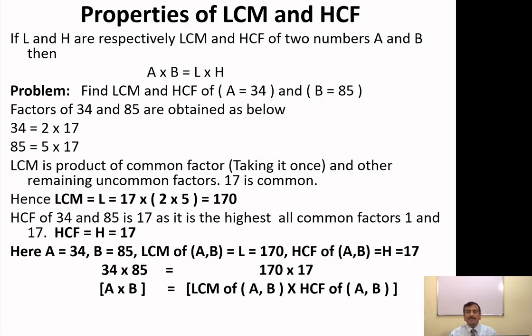Here we realize the common factor in both numbers happens to be 17. So HCF is 17. 34 into 85 we can equate to 170 into 17. And therefore A into B is equal to LCM of A, B into HCF of A, B. We can make use of this property in solving many problems.